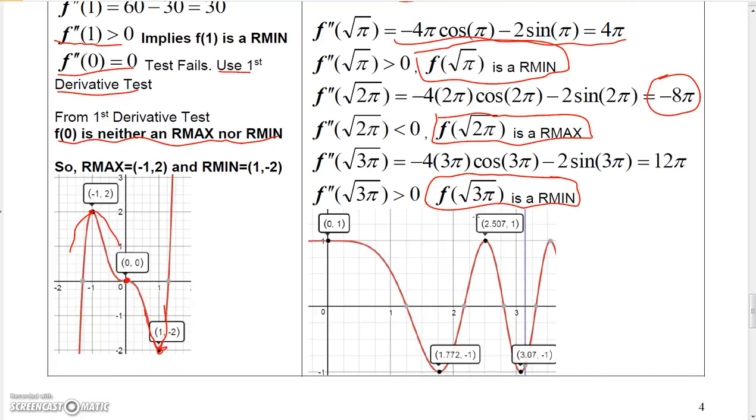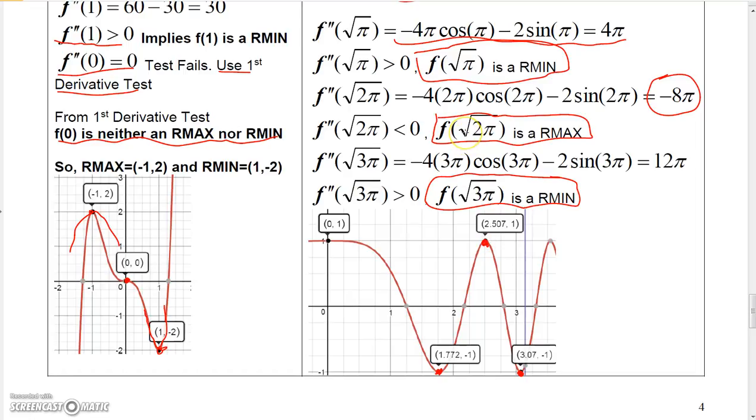Okay, so now let's take a look at what we know. We get a minimum at square root of pi, which is roughly this value, and we get a minimum at square root of 3 pi, which is roughly this value. And at square root of 2 pi, we get a maximum, which is this value.